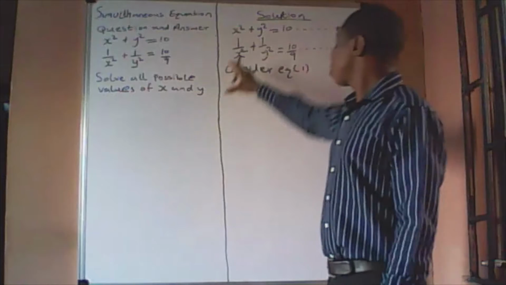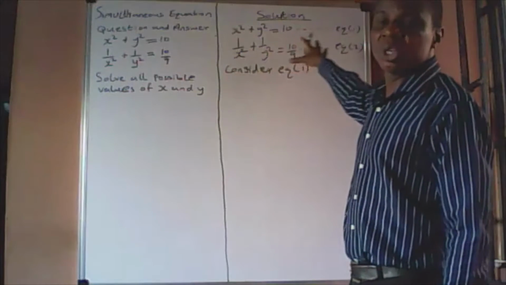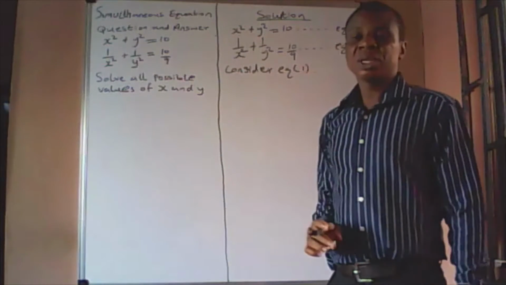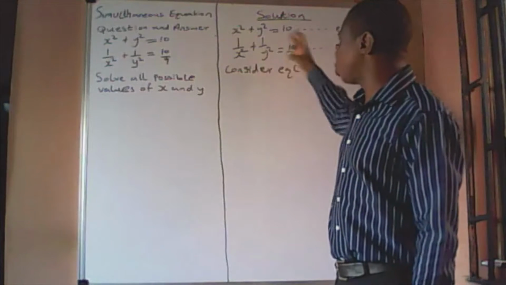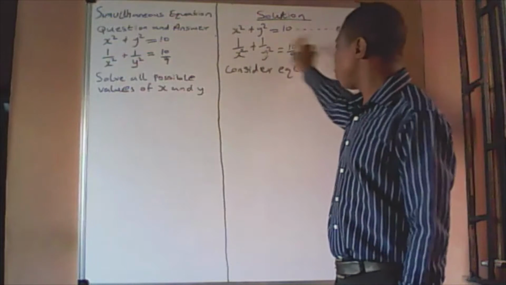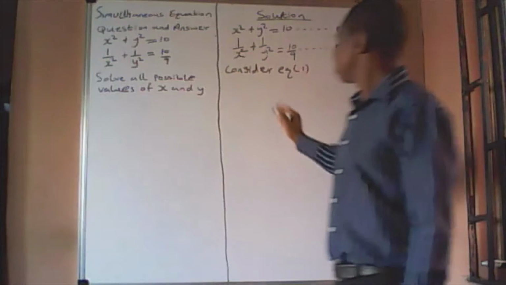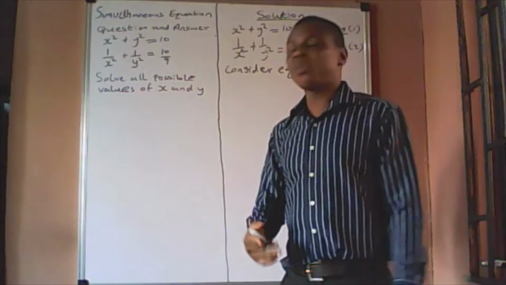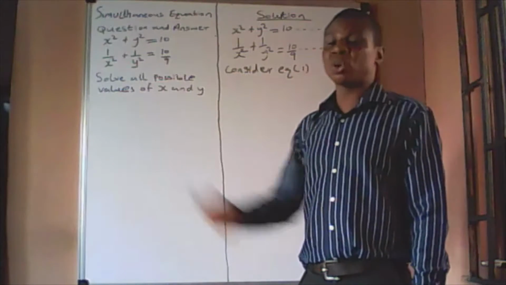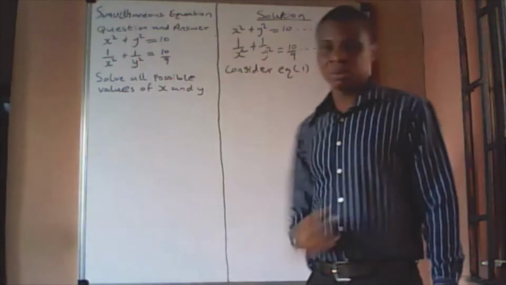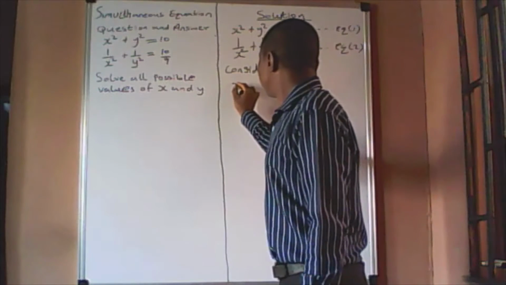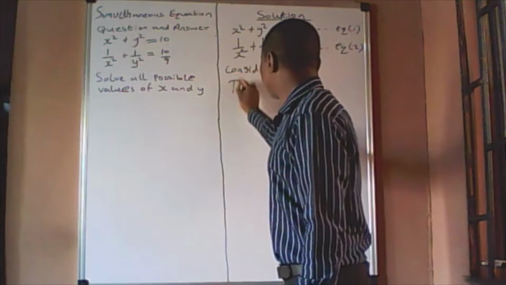Now we want to clear all the denominators of equation 2. How can we clear the denominators of equation 2? By multiplying all the terms in equation 2 by the common factor of the denominators of equation 2. And what is the common factor of the denominators? The easiest way to find a common factor is to multiply all the denominators.